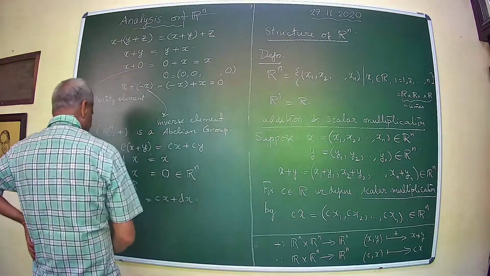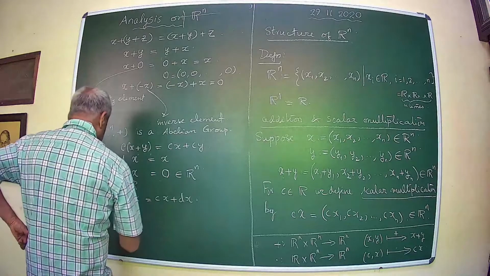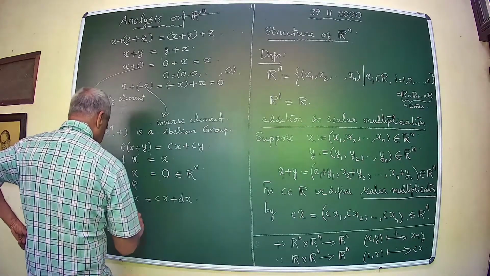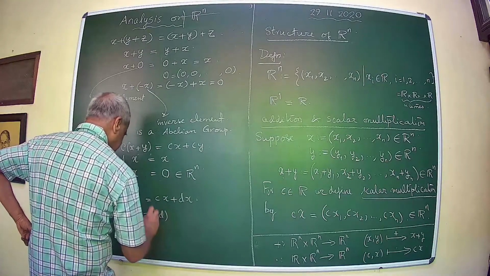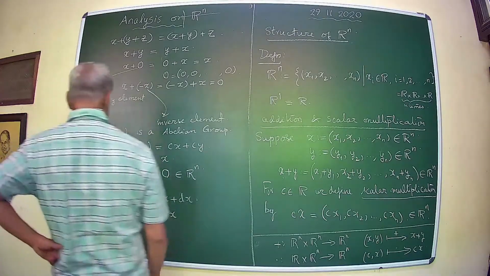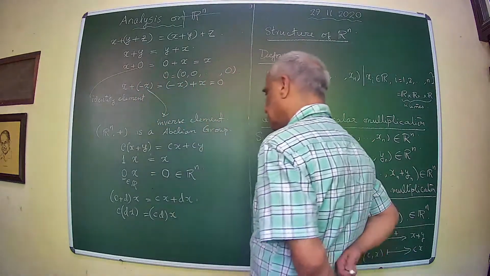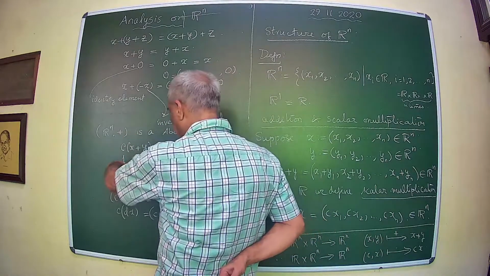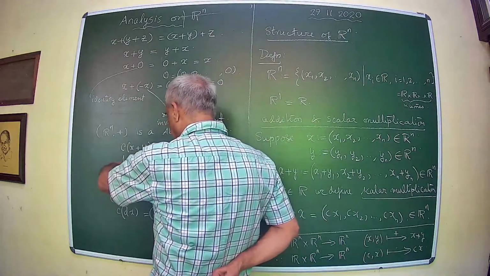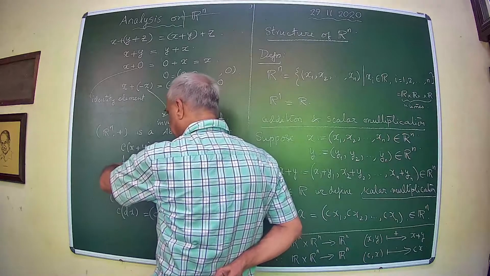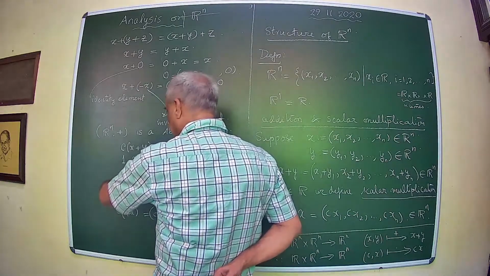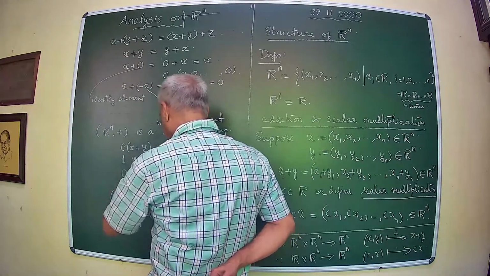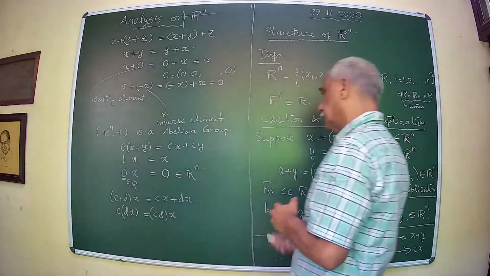Then you also have c(dx), which is equal to (cd)x, for c and d belonging to R. So you have said what happens when you take the multiplicative identity element in R, the additive identity element in R, and then multiply what you get.